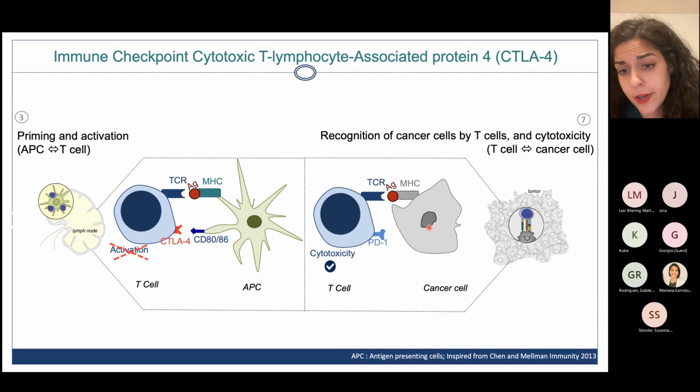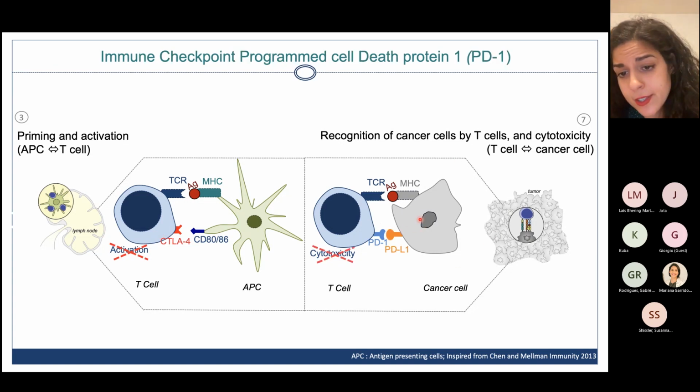While at the tumor site, the cancer cells that have evolved can produce a ligand that will bind to the receptor PD-1 of the cytotoxic T cells. This relationship will lead to anergy of the T cells, and these T cells will not be effective. So the aim of the immunotherapy is to block this signal.